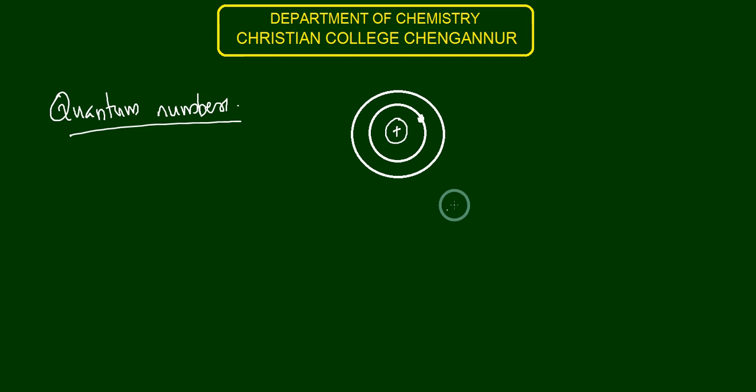But in the quantum mechanical model of atom, the electrons are not revolving in circular orbits like this. The quantum mechanical model of atom is much different.